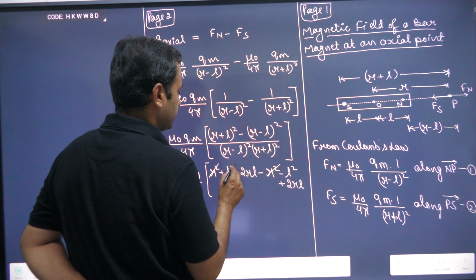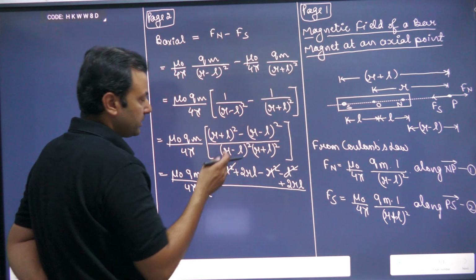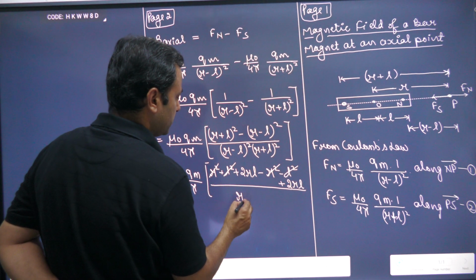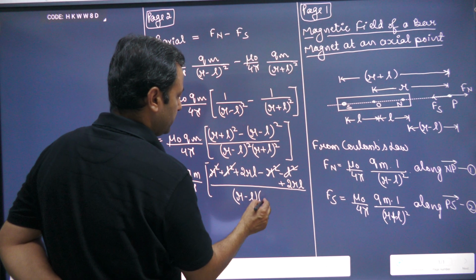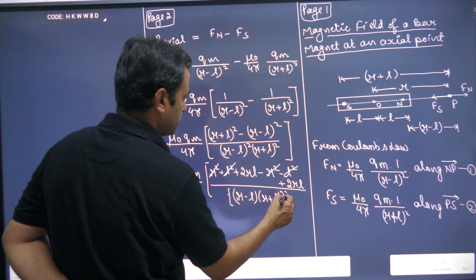Minus R square minus L square plus 2RL. R square minus R square, L square minus L square, upon (R minus L) whole square into (R plus L) whole square. So this is (R minus L) into (R plus L) whole square.